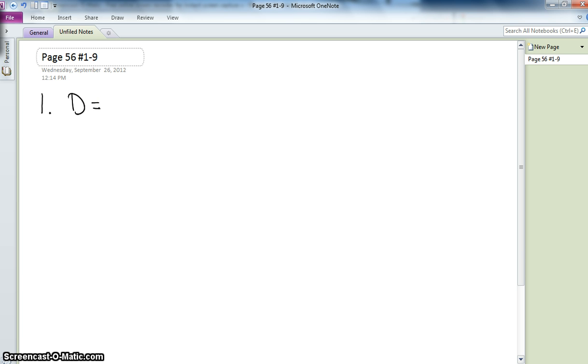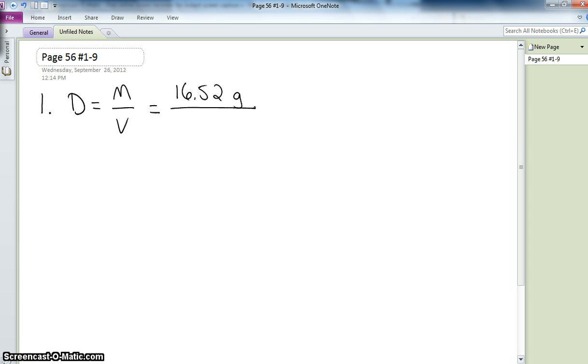We know density equals mass divided by volume. Yes, you should write out your formula for every single problem. Our next step is to fill in our information, or we call showing our work. So we need to figure out the mass. If we go back and read, it says tin has a mass of 16.52 grams. Yes, you should put your units.